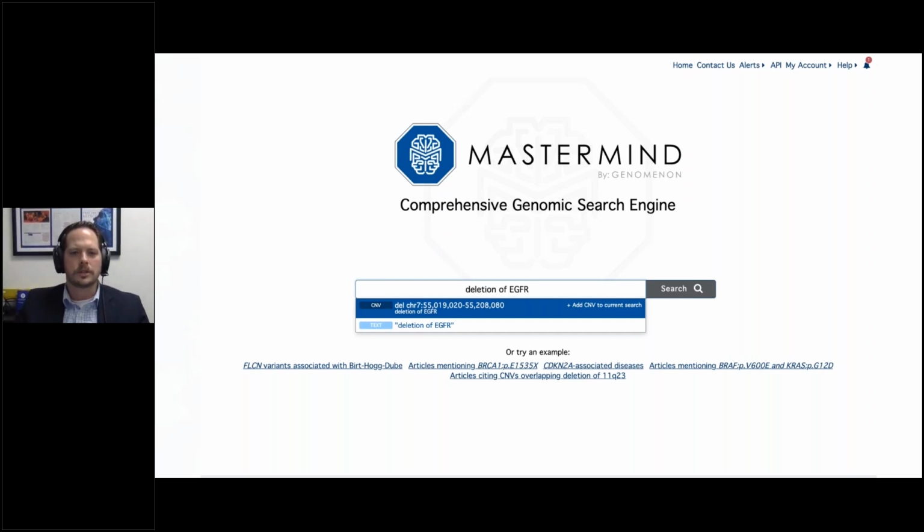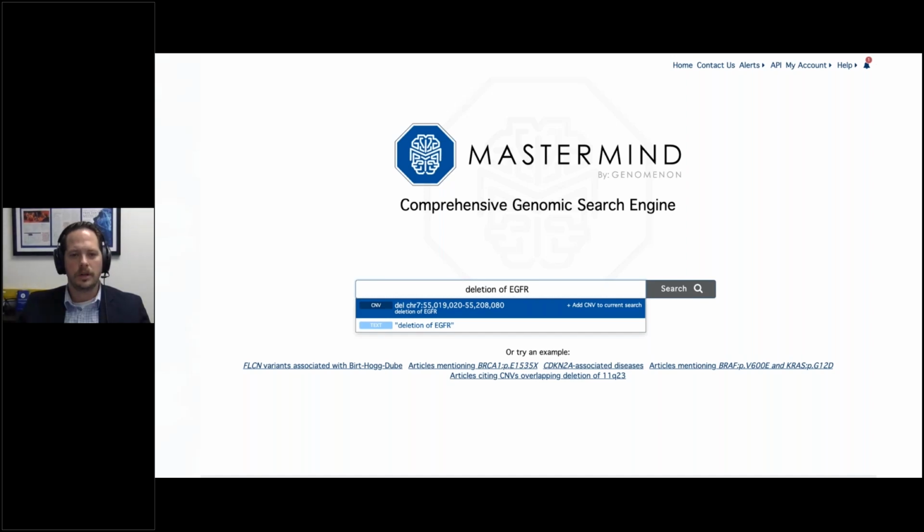Mastermind, within the past several months, has released copy number variant capability for our users to search on copy number variants. As you can see here in my example, not just for constitutional disease or ACMG, but also for somatic disease and cancer, which is helpful when you're interpreting variants according to the AMP guidelines.